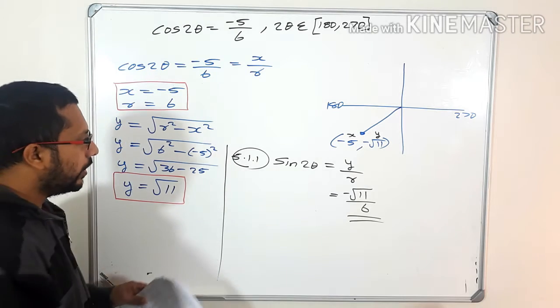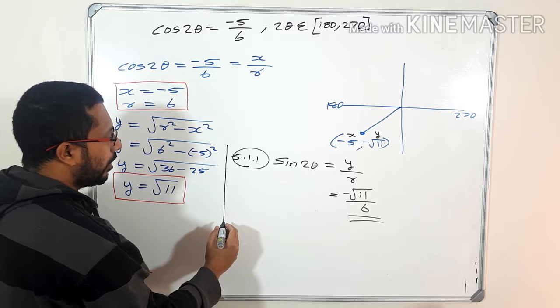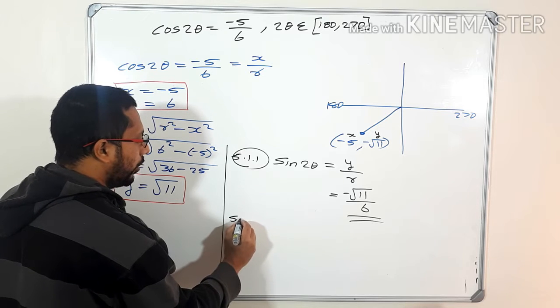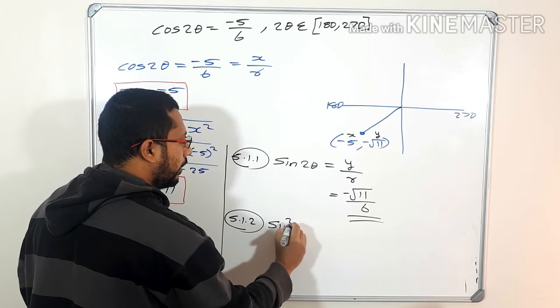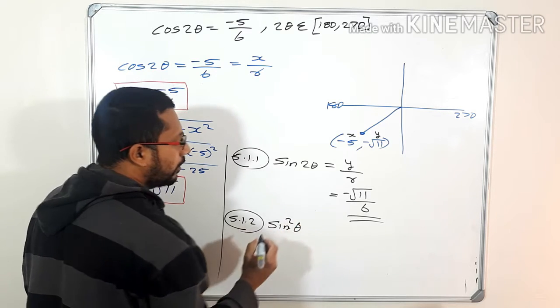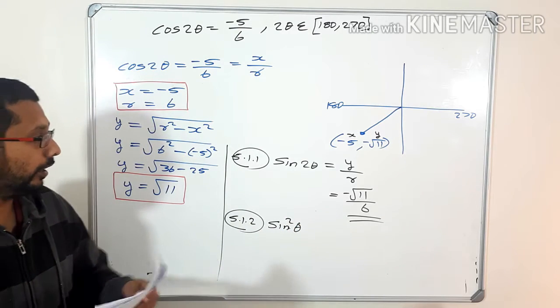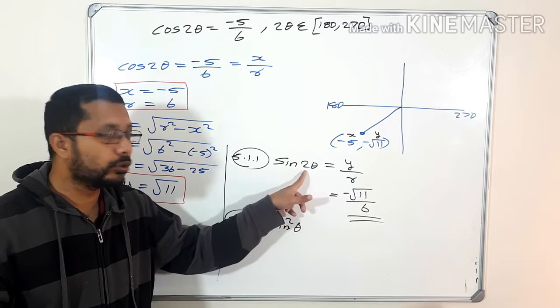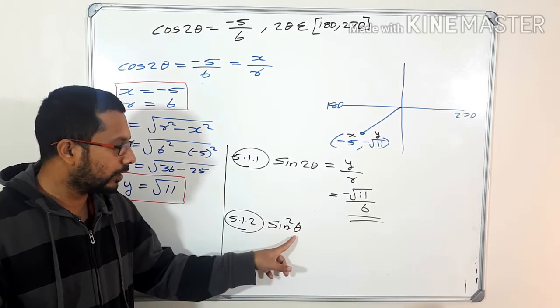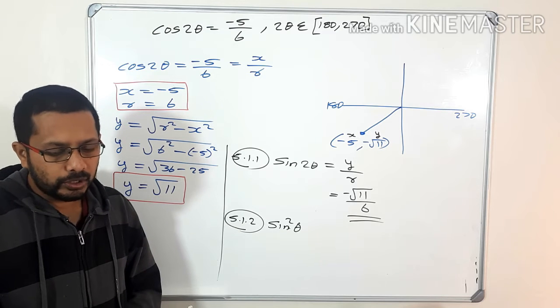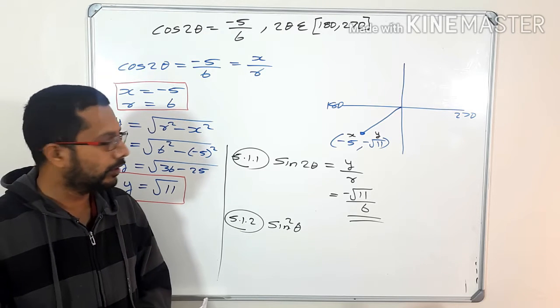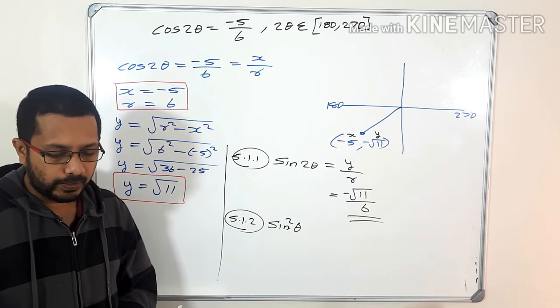Sine squared theta. There you have to be very careful. 5.1.2, what is that one? Sine squared theta. This angle was 2 theta, but here what is that? Sine squared theta. So how can you find sine squared theta?